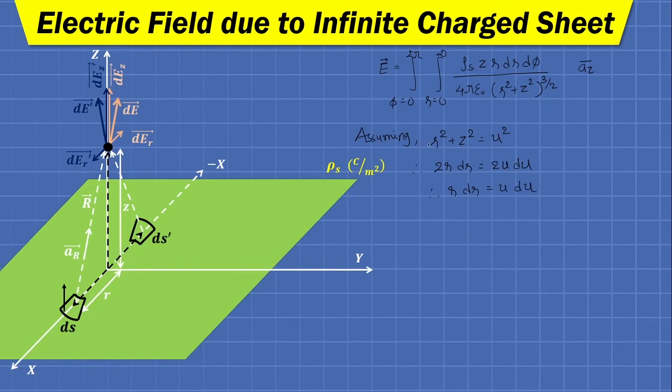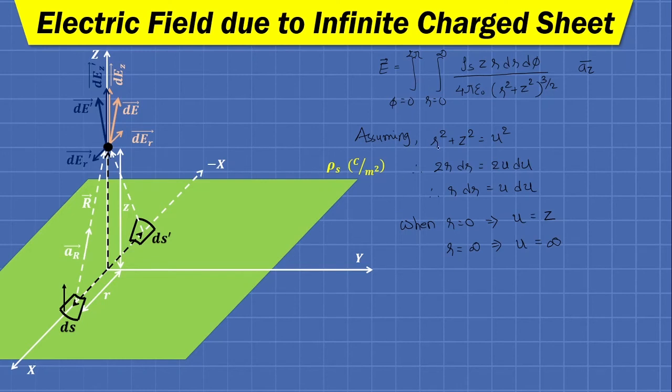Now if we have taken any variable manipulation, then our limit of integration will also be changed. So where r equals 0, that is lower limit, implies u equals z, and when r equals infinity, at that time u will be equal to infinity itself.